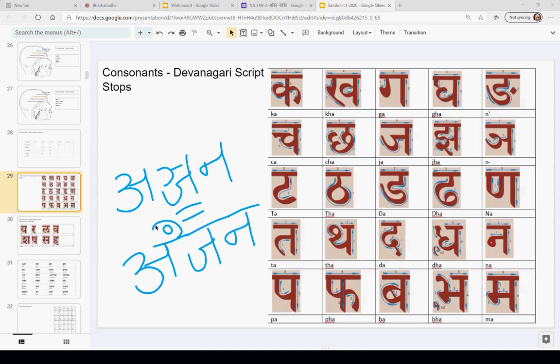Because the pronunciation of this anusvara, this is not anunAsika, right? The dot is anusvara, whereas this ya is anunAsika. The pronunciation is different. And when we say anjana, we are pronouncing it as ya here.